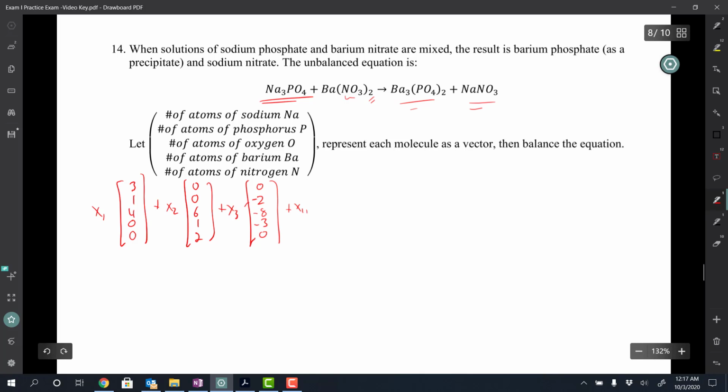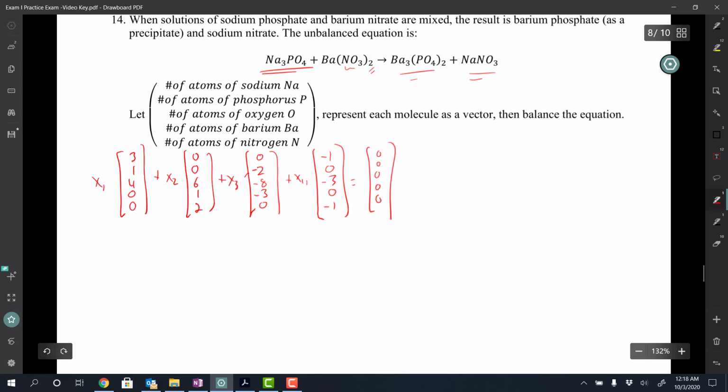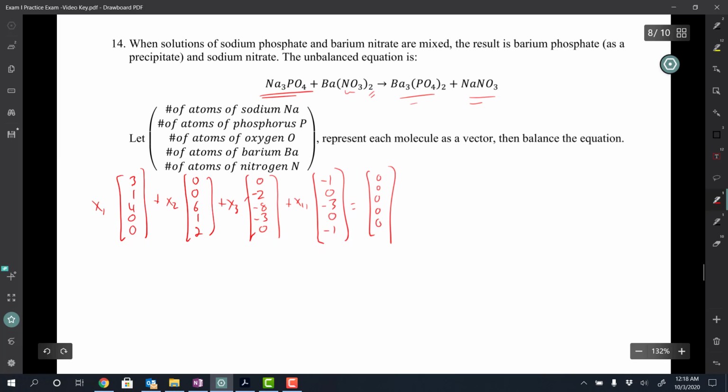All right, plus X4 times negative 1 sodium, 0 phosphorus, negative 3 oxygen, 0 barium, and negative 1 for nitrogen. And this should equal the 0 vector. So that is the vector equation I need to solve in order to balance this chemical equation.